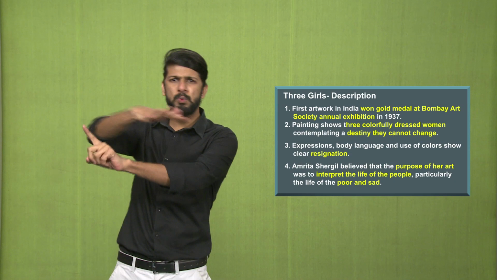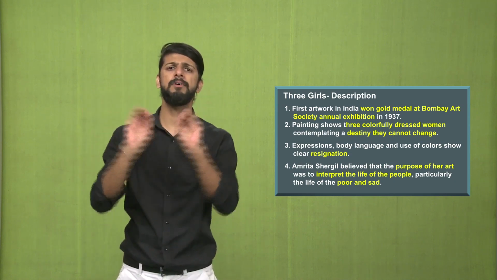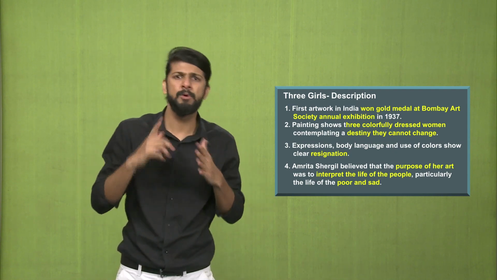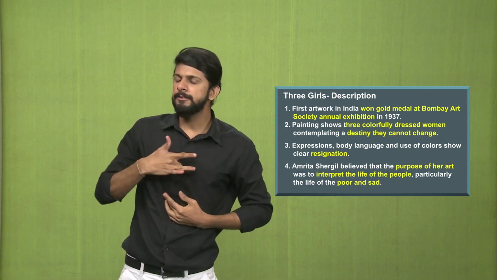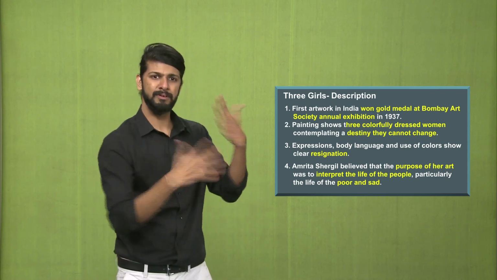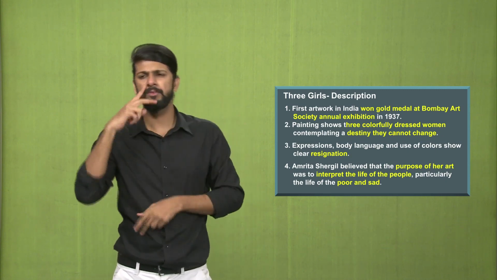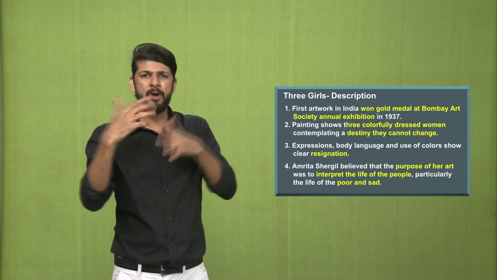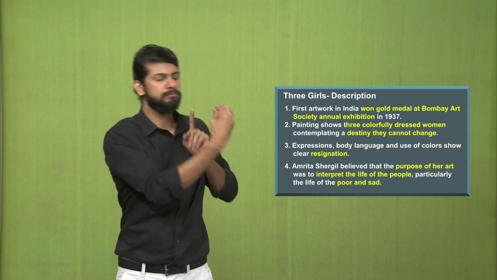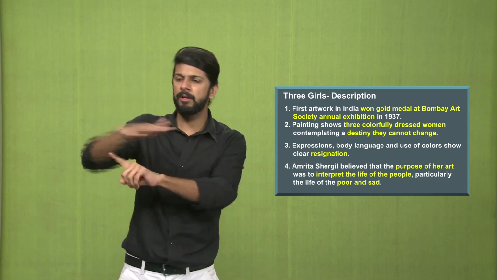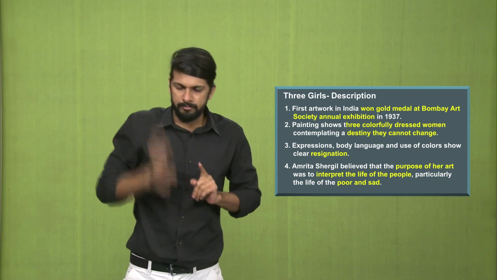Amrita Shergill believed that through her artwork she had a purpose. Marginalized sections like women who had no independence in their life, no equality, were vulnerable and discriminated against. It was her purpose to interpret the life of people who were poor and sad as a reminder for empathy, to motivate people to understand the suffering in the society, not to ignore, not to neglect.